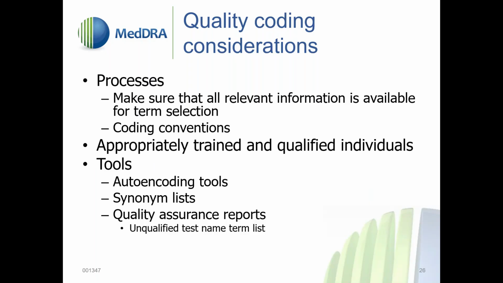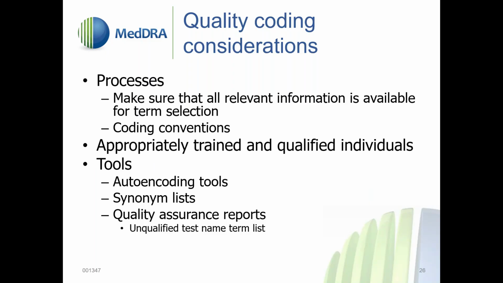What you can see here, the unqualified test name term list can support the quality control by identifying test names without qualifiers, just the test names, so they do not contain any decreased, positive, abnormal, etc., that were entered as adverse events.